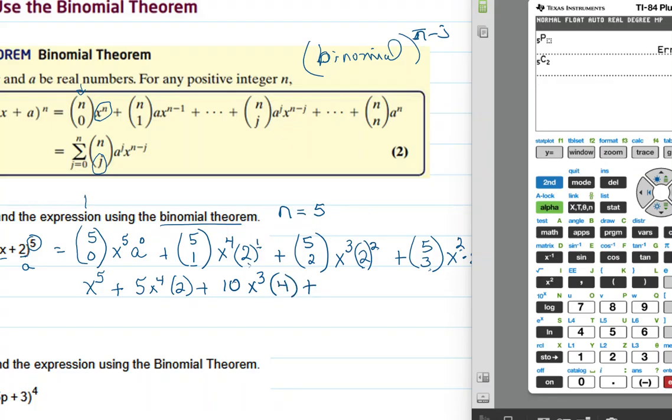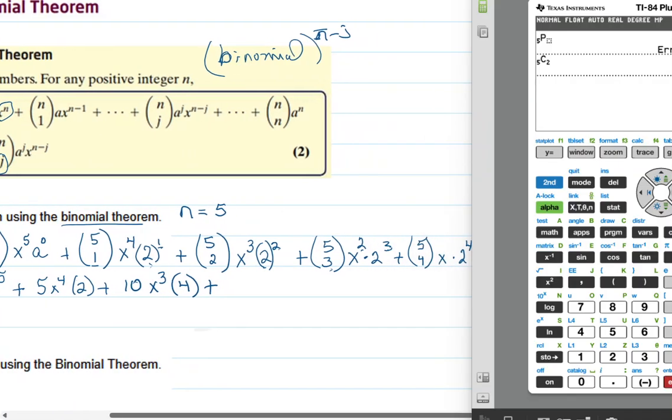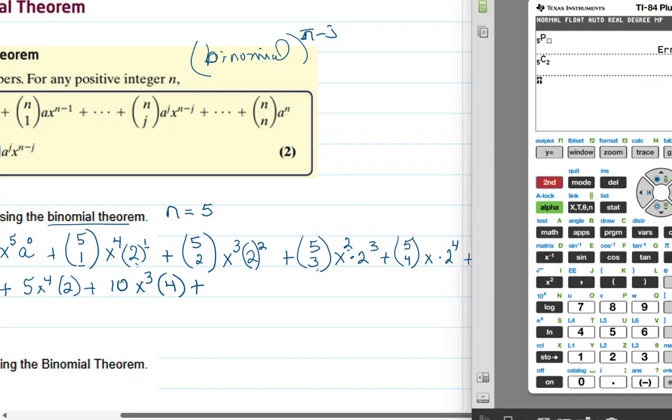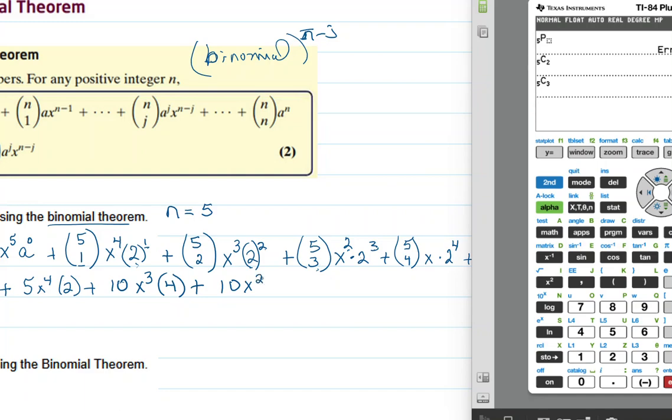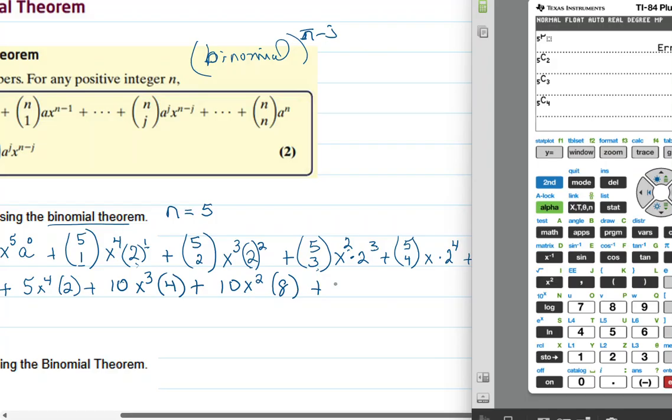Is everybody good? Everybody breathing? Okay. Now I'm going to do the next one. I'm going to do second entry, and I'm going to just change the 2 to a 3. And I get 10. X to the 2 times 2 to the 3 is 8. Is everybody good? Now I'm 5 over 4. So I'm going to do second entry, go back and change it to a 4, and I'm going to get 5.